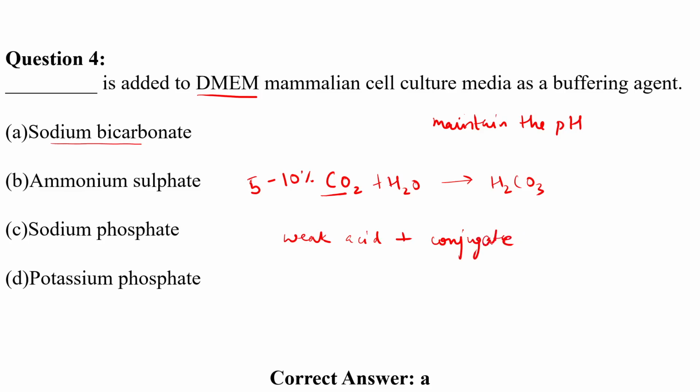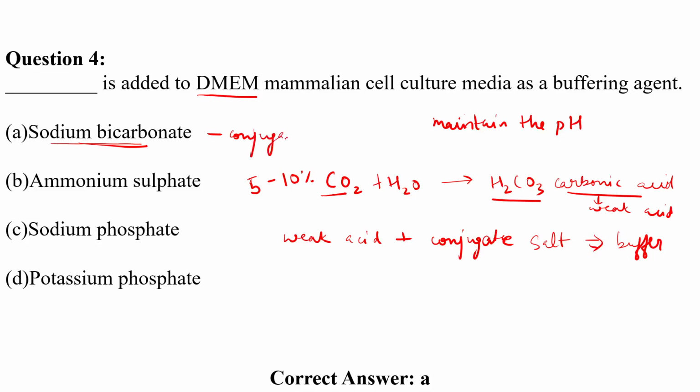So here carbonic acid is the weak acid, and we are adding sodium bicarbonate, the conjugate salt. Together they both act as a buffering agent and help maintain the pH. That means when any small amount of acid or base is added to the medium, the pH will not change.